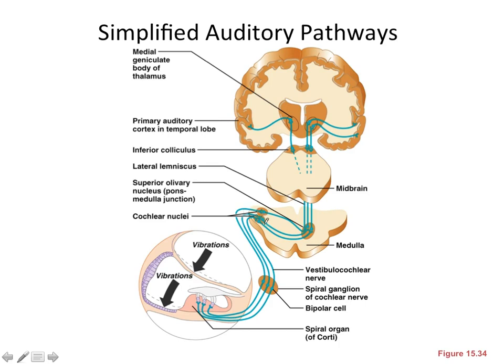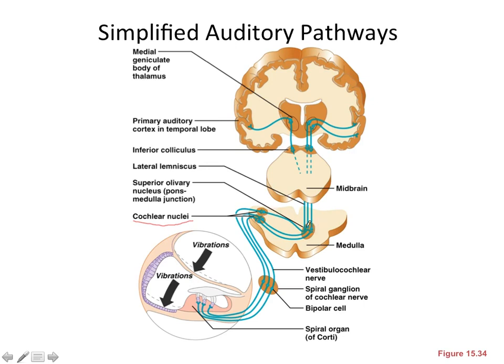It reaches the cochlear nucleus, and then the cochlear nucleus sends axons that cross to the contralateral side to the superior olivary nucleus.